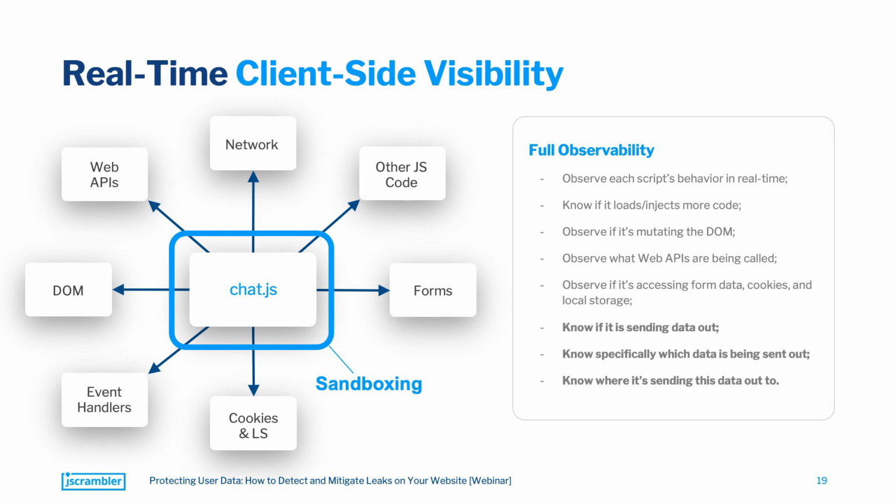So the great thing about sandboxing is that we will be able to go beyond the network dimension and also observe if the script is mutating the DOM or attaching to DOM events. And this can be very useful to detect other relevant attacks other than data leakage. For example, preventing attacks like adware or fake pop-ups that appear on our website when one of our scripts changes the DOM.